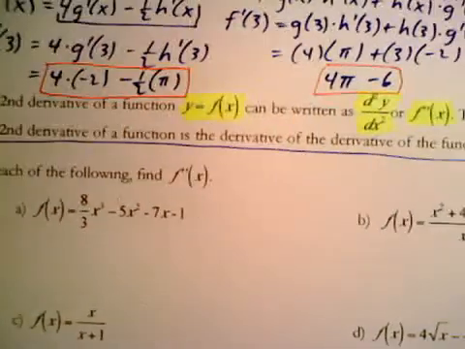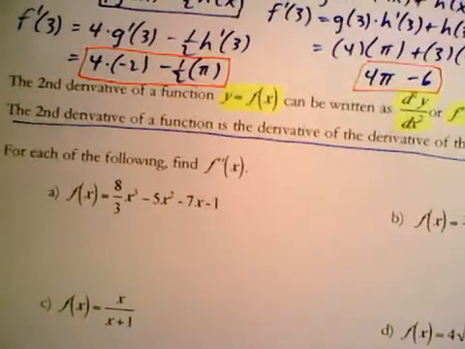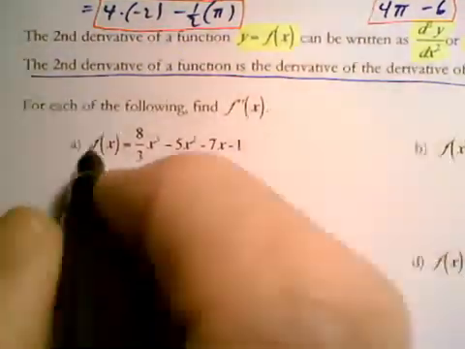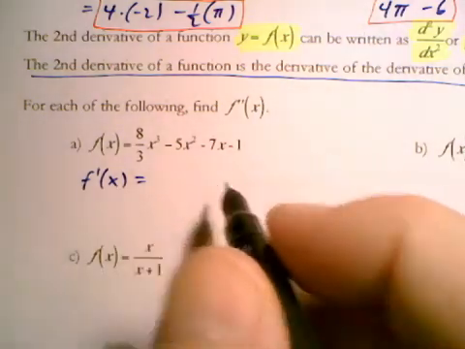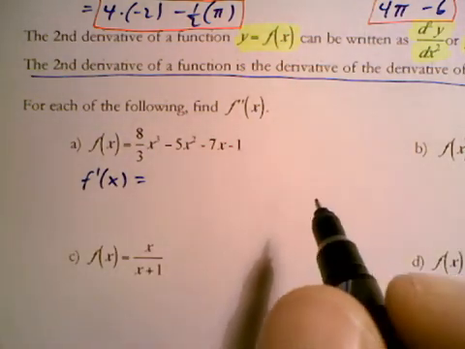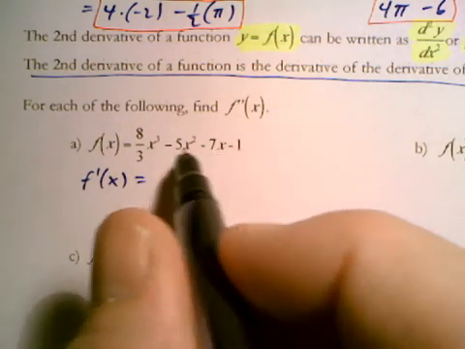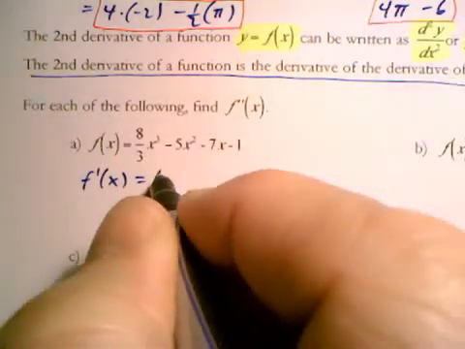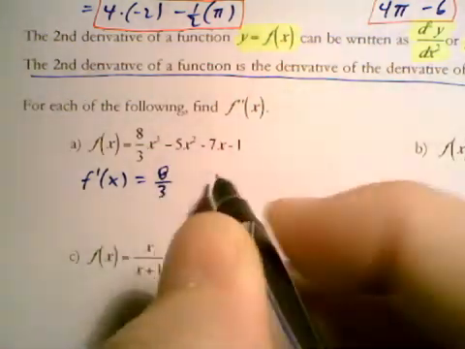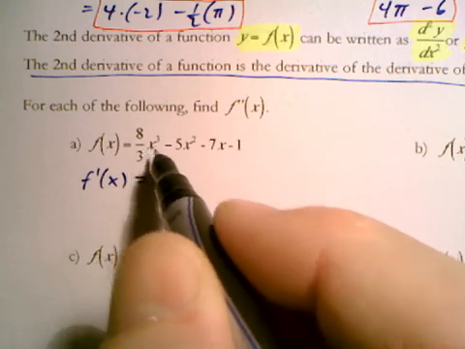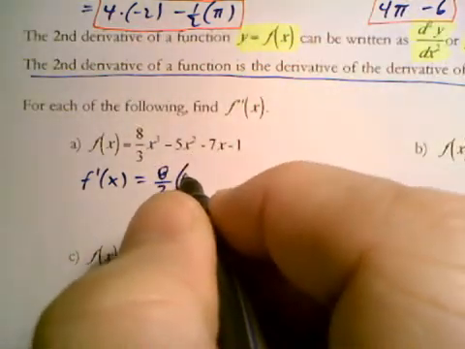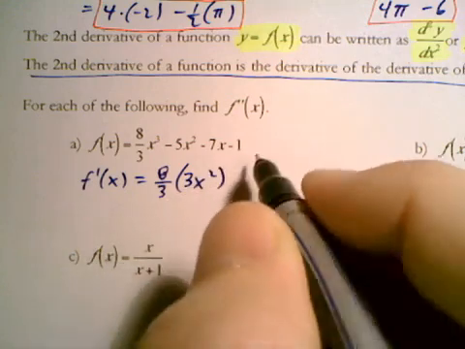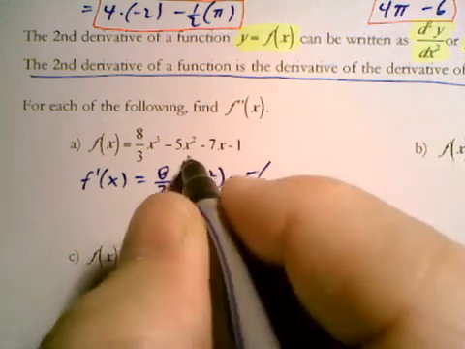So you've got your notes, if you forget what I say. For each of the following, find f double prime of x. So f prime of x, you have to find that first, and I thought we did this one already. We did, almost. There's one just like this up there. The derivative of f of x is the derivative of the first term, which is 8/3 times the derivative of x cubed, which is 3x squared, minus 5 times the derivative of x squared.